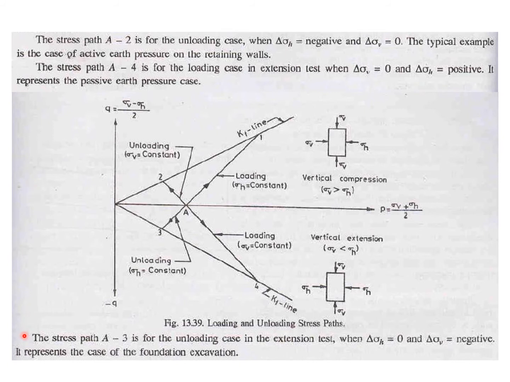The stress path A3, this one, is for the unloading case in the extension test when delta sigma h is equal to 0 and delta sigma v is negative. It represents the case of foundation excavation.